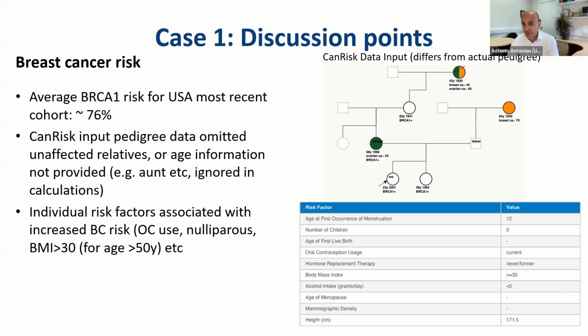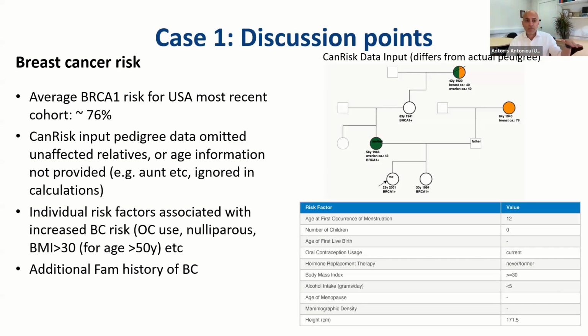She's very young, of course, but if we enter that she's nulliparous at this stage, it will affect the long-term risk. And also the BMI was greater than 30, which can be a risk-increasing category, at least from age 50 onwards. And then there is the additional history in the family of breast cancer.